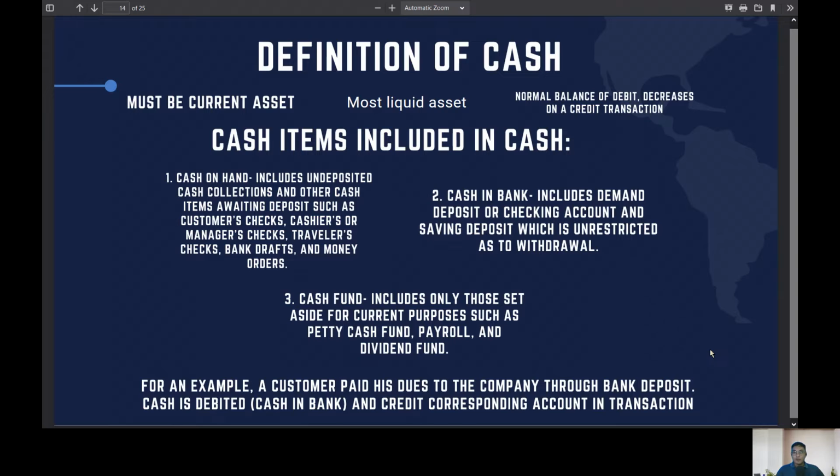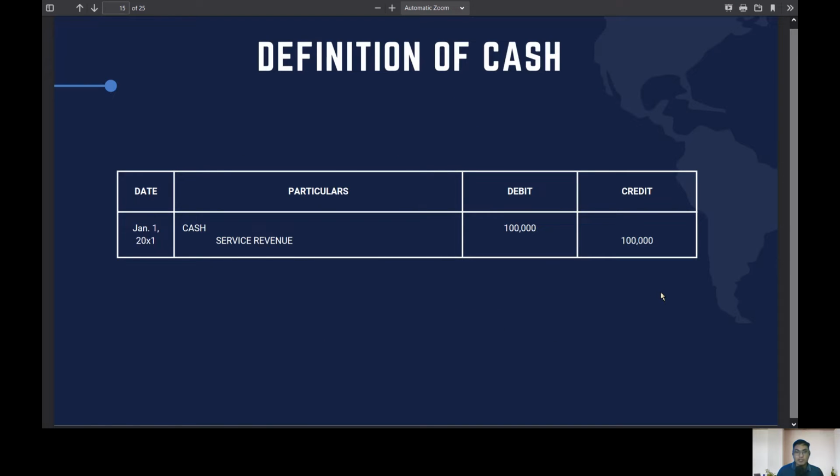For example, and also an illustration, a customer paid his dues to the company through bank deposit. Cash will be debited, and a corresponding account credited in the transaction. Let's assume that the customer pays due on January 1, 20x1.